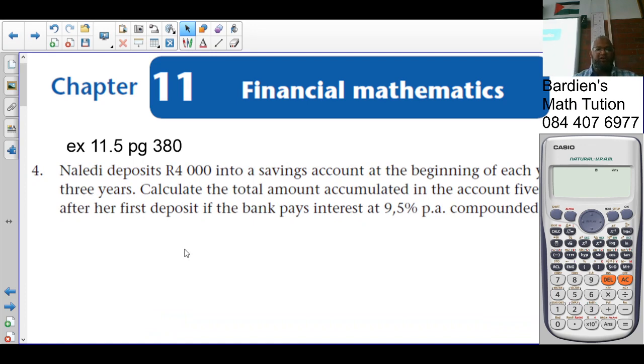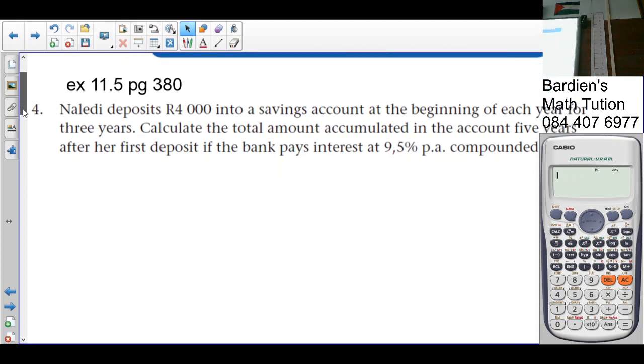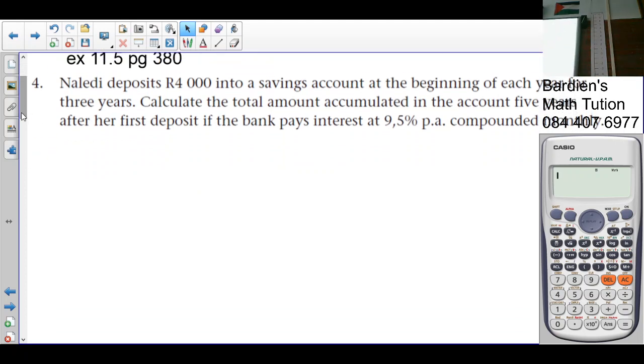Right? So out of exercise 11.5 on page 380, number 4. Here we go. So we are told that the lady deposits 4,000 Rand into a savings account at the beginning of each year for 3 years. Okay. So I'm going to do the short method.